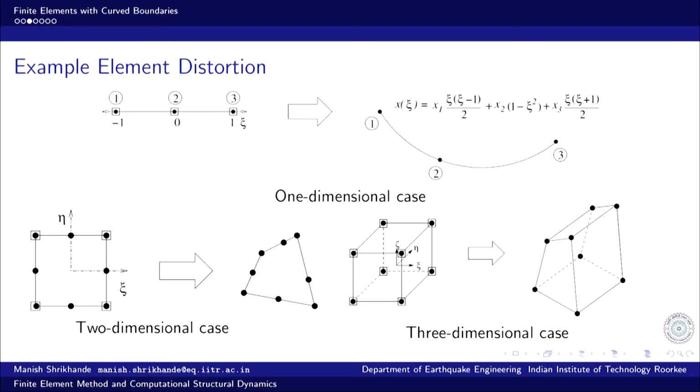The geometry variation is of lower degree than the variation of the primary variable, and by corollary we also have superparametric variation, where the geometry is interpolated at a higher degree of polynomial variation than the primary variable variation in the element domain.